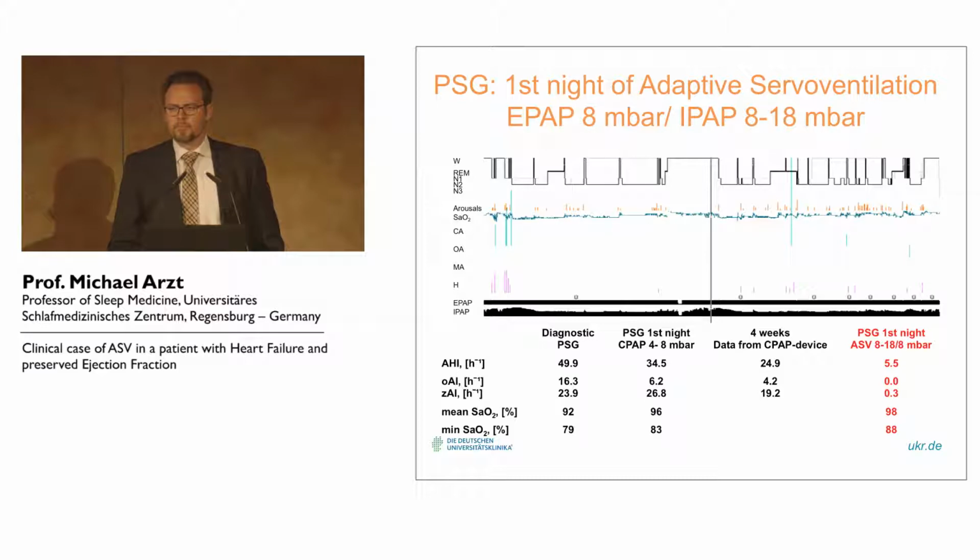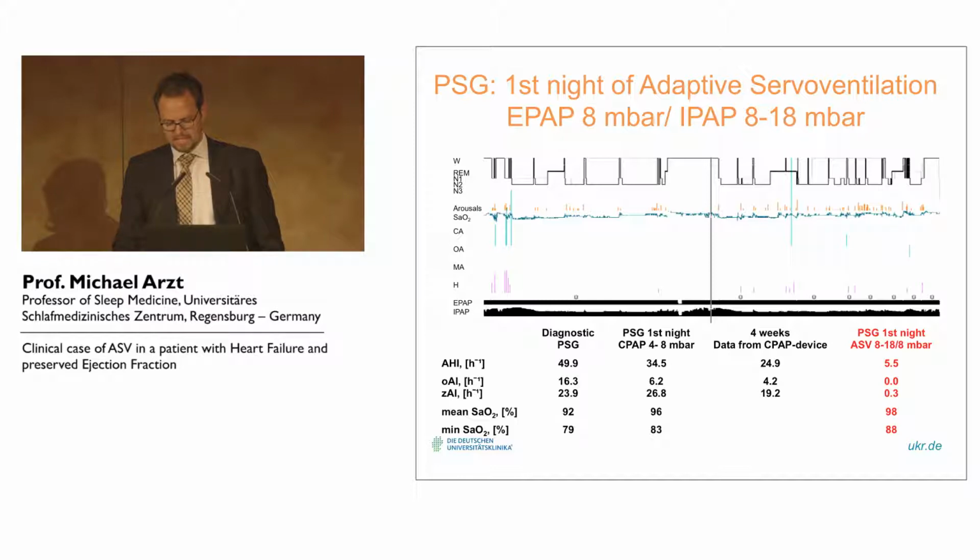There is a time component when we apply CPAP over time and keep reducing obstructive sleep apnea. The regulation of ventilation adjusts to the new situation, and usually the central apneas go down a little bit over time.